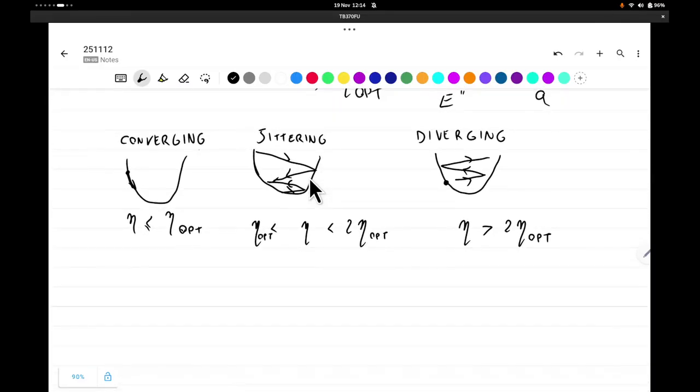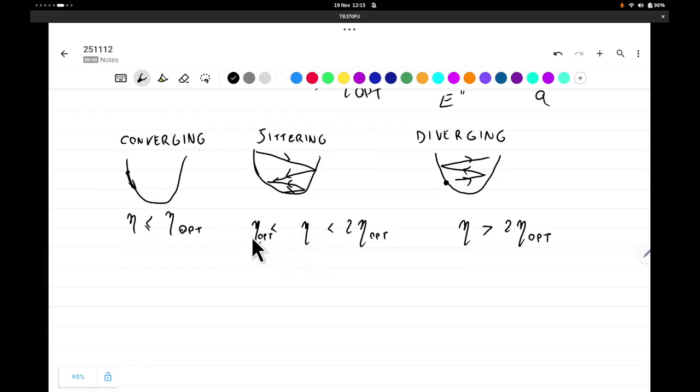More important than that is that for not only a quadratic function, but in general a locally convex function, if we have a learning rate that is smaller than this optimal one, we will converge. So we will just find a minimum without oscillations.